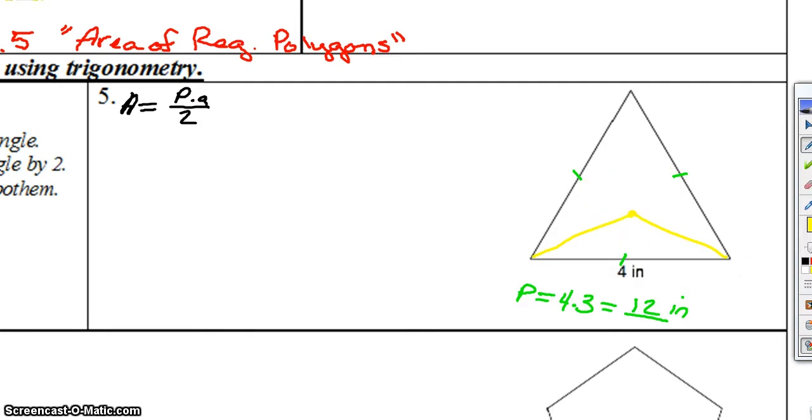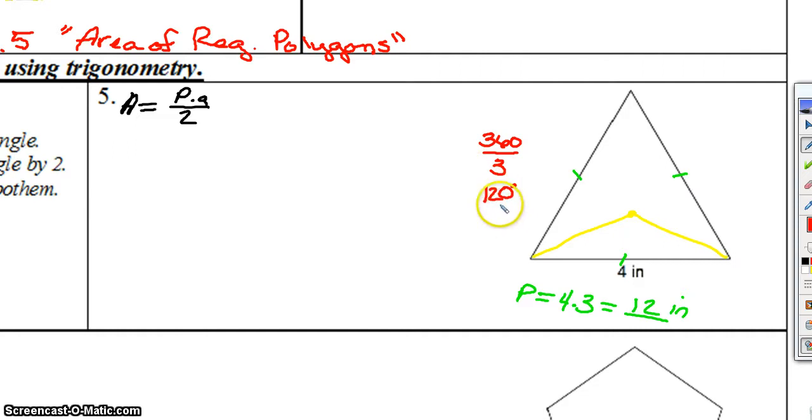And in order to find the measure of the central angle in a regular polygon, you take the sum of the angles, which is 360 degrees, and you divide it by the number of sides. So 360 divided by 3, it's a triangle. So we know that the central angle is 120 degrees.